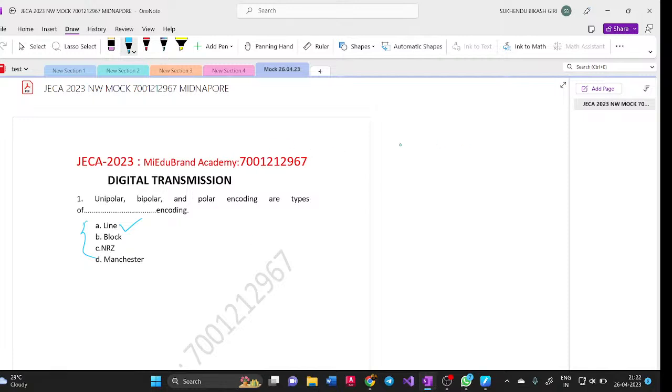So there are three types of line coding. One is unipolar, second one is polar and third one is bipolar.